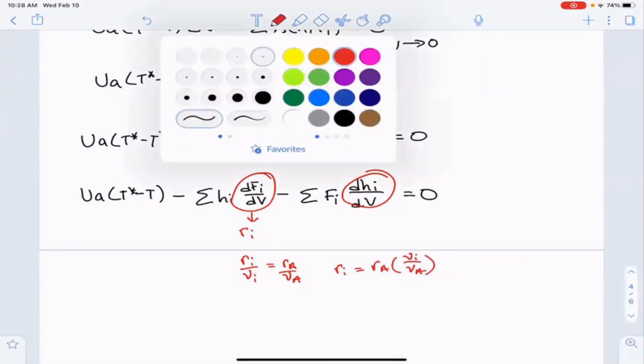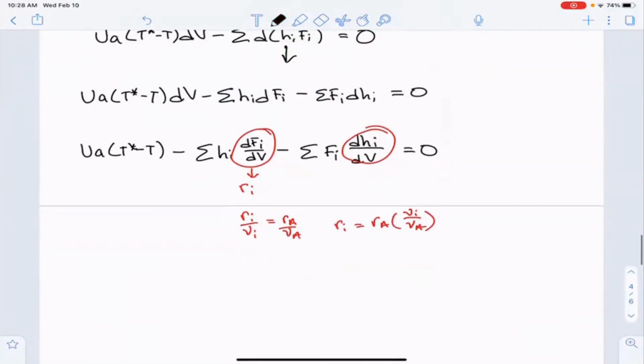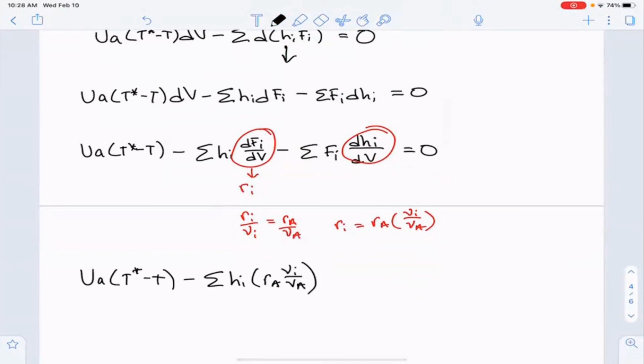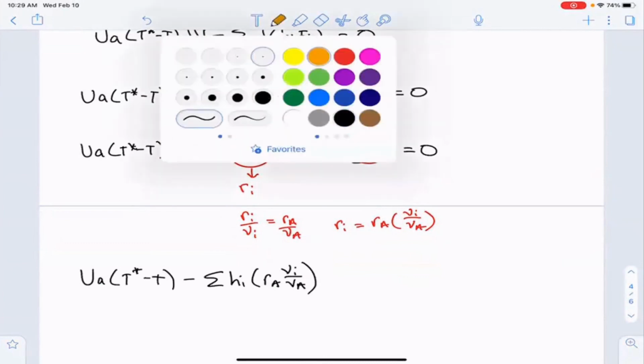So the first term here becomes just minus the sum of Hi times Ra vi over va, right?